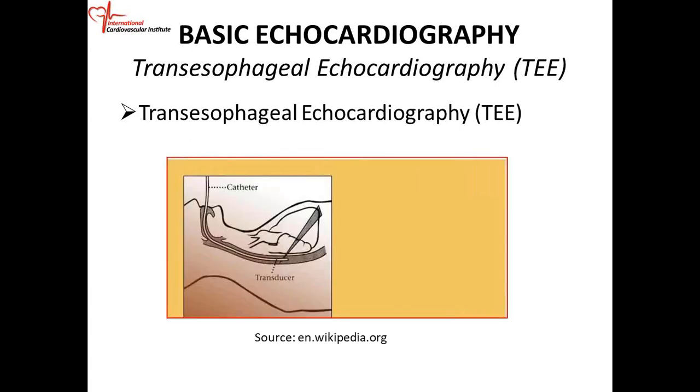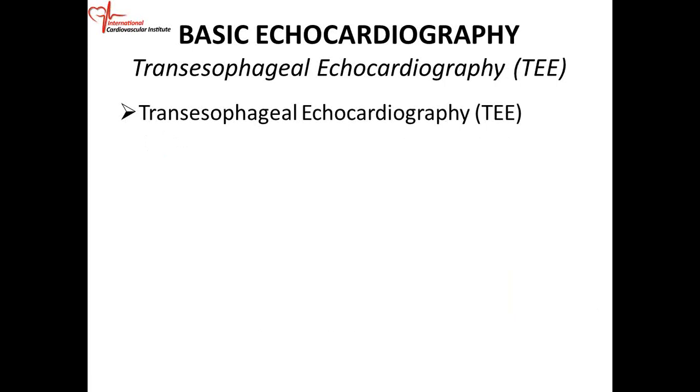So if the patient is positioned like this, the head of the patient is right here, the esophagus is here, and then just above the esophagus is the heart. Okay, so you intubate the esophagus, and the probe goes into the esophagus, so that you can see the posterior structures of the heart very, very clearly, unobstructed, so to speak.